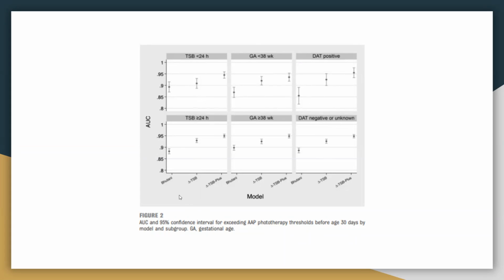And it looks like comparing the Butani model to the TSB model and the TSB plus model, the authors are trying to indicate that based on their study and their findings, they think that the TSB plus model would have a higher accuracy in predicting whether or not a patient is going to meet their phototherapy thresholds compared to the Butani model, as indicated by the larger area under the curve compared to the Butani model.